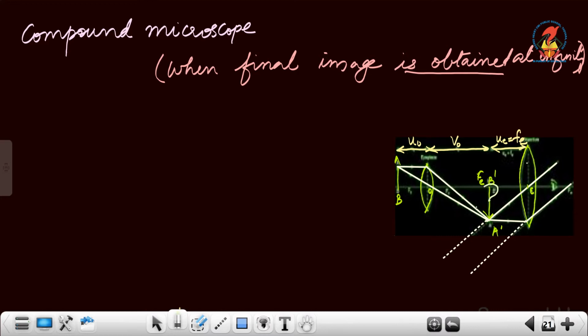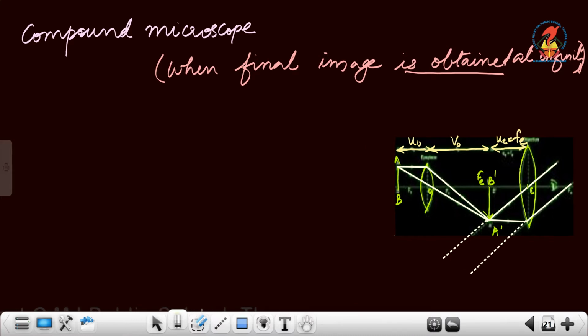From there, this image acts as a virtual object for the eyepiece, and the rays pass through the lens, and they won't meet at a point, they diverge, and the final image is obtained at infinity.